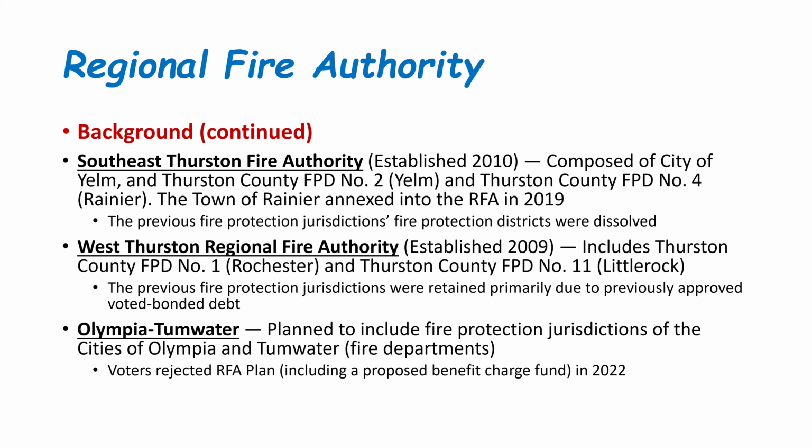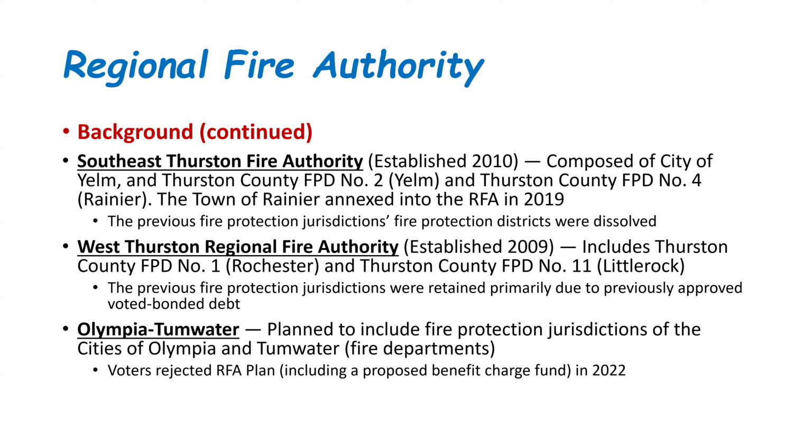Yeah, here are the two that we currently have. Everybody knows about the attempt by the cities of Olympia and Tumwater to create a separate RFA. The bottom line is, one, that they were not successful in doing that, but there were a number of things that were inherently unknown that weren't, in my opinion, adequately addressed.